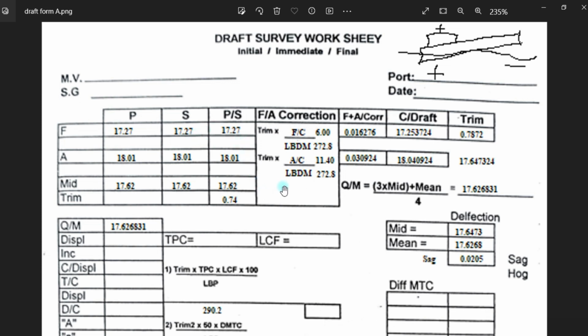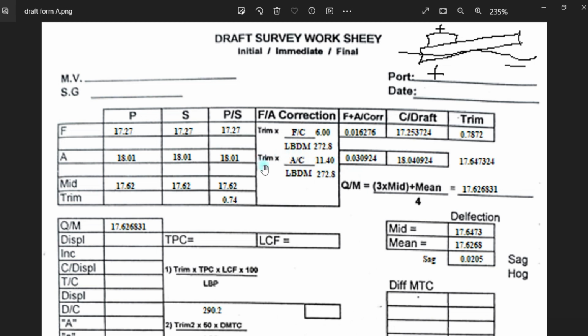Okay, then we go to the aft correction. So the trim 0.74 multiplied by your aft correction, which is 11.4, then you divide it by 272.8, which is the length between draft marks, and the answer to this equation is 0.030924.